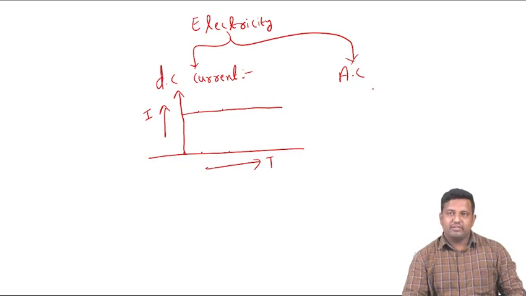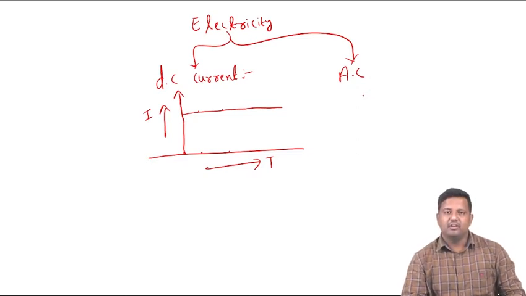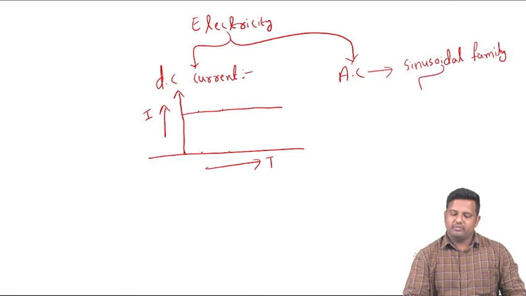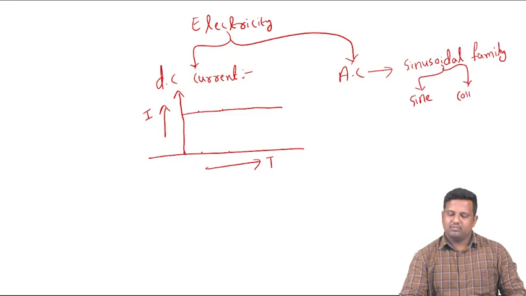Whereas in the case of AC signals, as I said, AC signals are time varying signals or alternating current signals. For these AC signals we chose the sinusoidal family members. So what are the sinusoidal family members? That would be the sine signal or cosine signal.